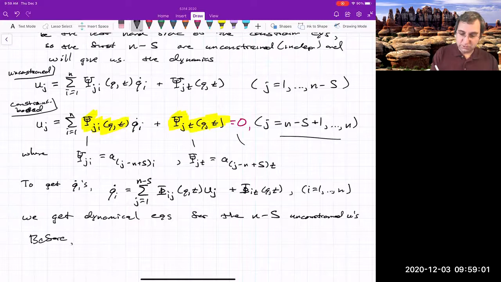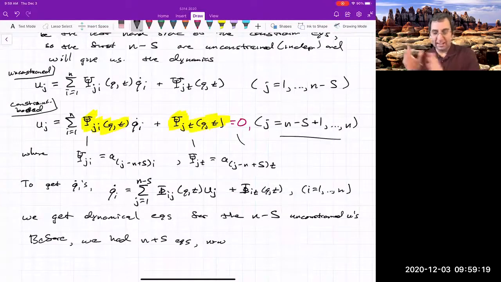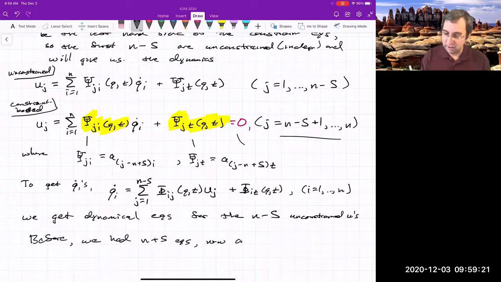Before, with the Lagrange multipliers, we had n plus s equations that we had to solve for. Now we've actually improved things. We've subtracted 2s from that. So now it's only n minus s. So that's a big savings in terms of computing this.